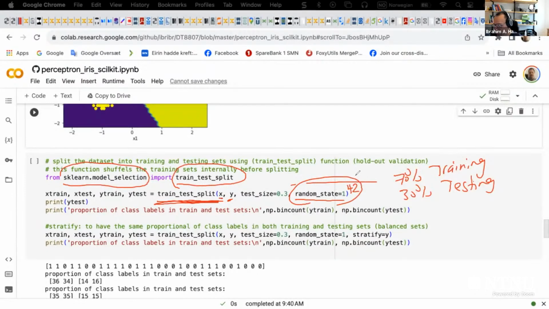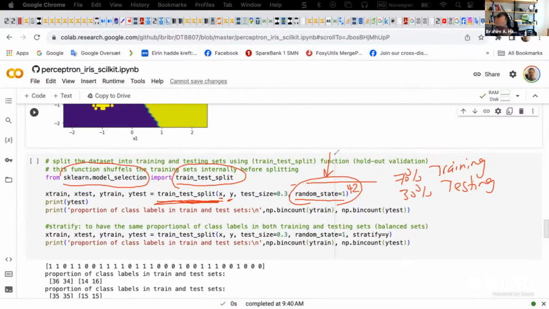In this case, we will be able to reproduce our results, and get the same examples in the test set and the same examples in the training set.